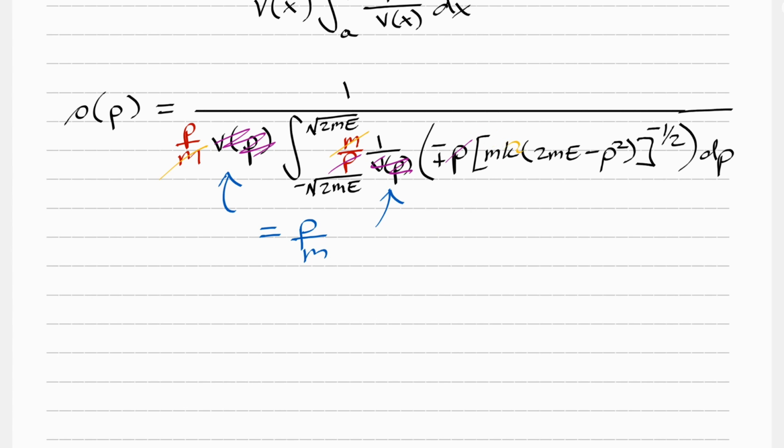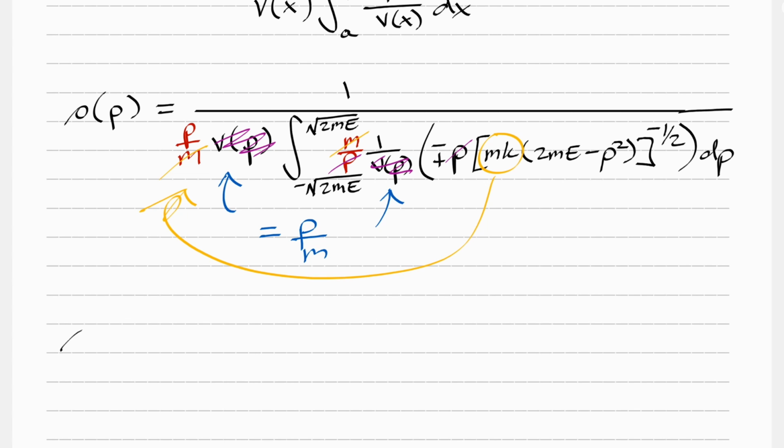The last thing we're going to do, and I'm sorry I'm just doing this all in one step, it's a lot of work to rewrite each of these lines, so it's good to look at as many things as possible at once. But this mk here is under a square root, and that's just a scalar, so let's pull that out front.